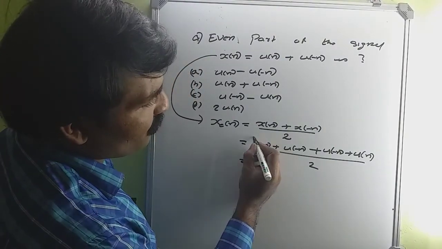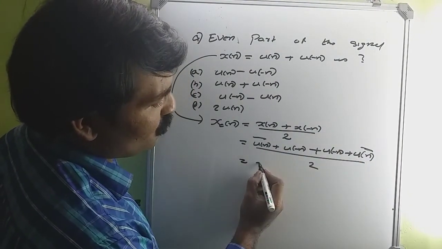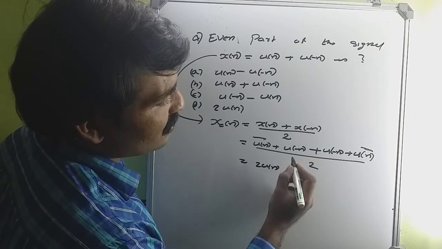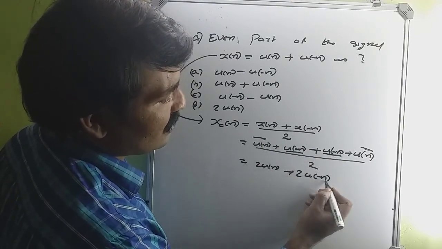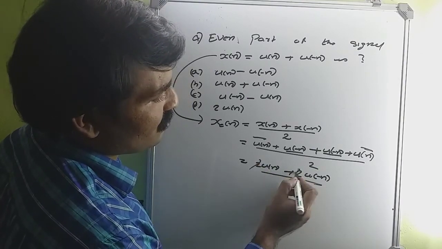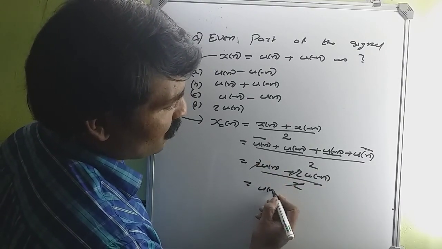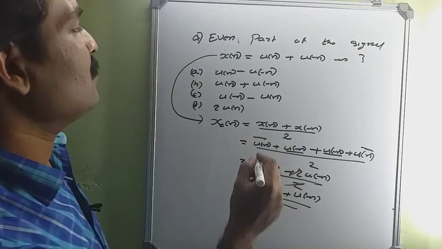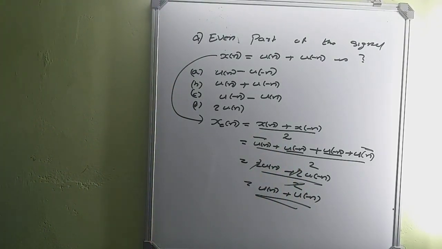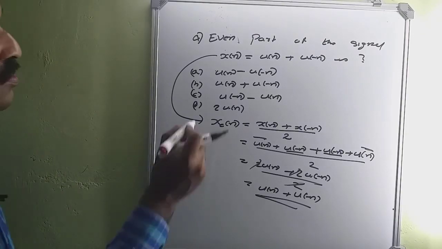That is u of n and u of n added, 2u of n, plus u of minus n and u of minus n added, that is 2u of minus n, divided by 2. The 2s cancel. This is equal to u of n plus u of minus n. So the answer is B.